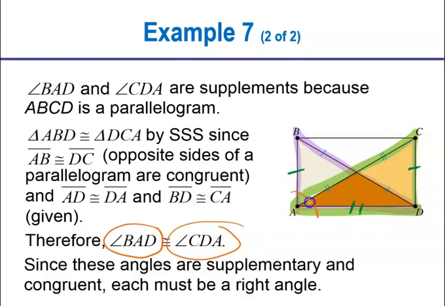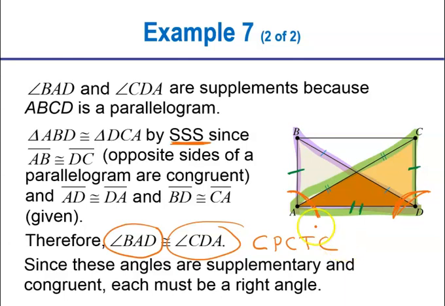We know that this angle and this angle are congruent. Why do we know that? Well, we just proved, because we had side, side, side, that those triangles are congruent. That means every single part of those triangles are congruent. That corresponding parts of congruent triangles are congruent. There you go. So that's why angle BAD is congruent to CDA. Now, it says since these angles are supplementary, what does that mean?